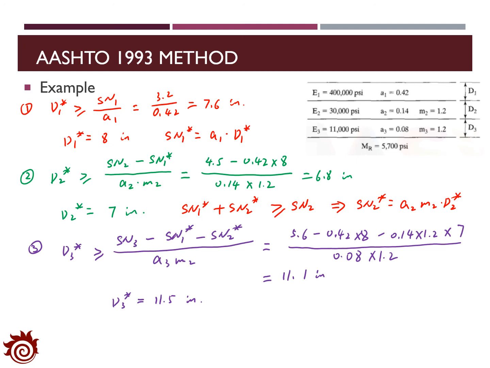So we say that the design of the thickness of the 3 layers is appropriate for the flexible pavement based on the predetermined conditions of the traffic and the drainage information.